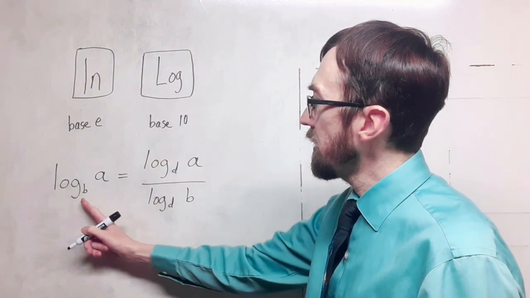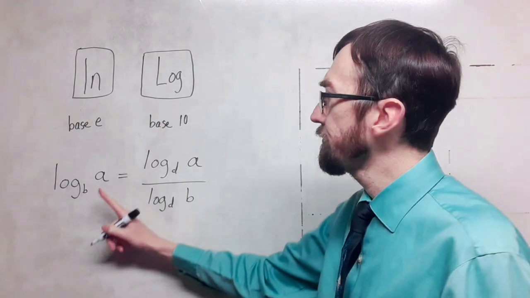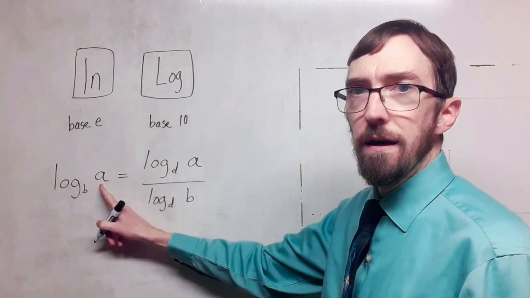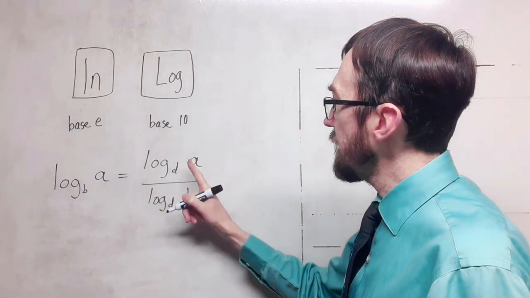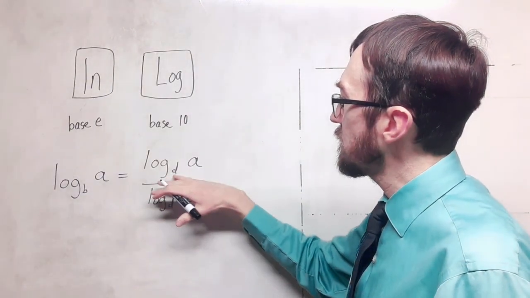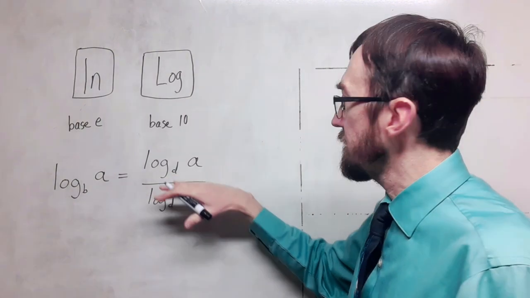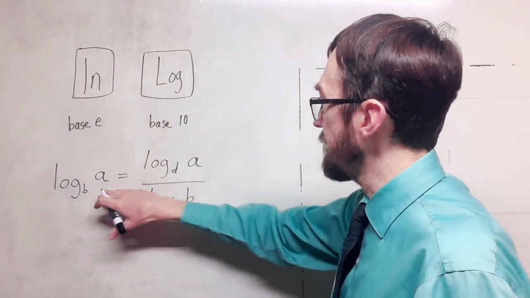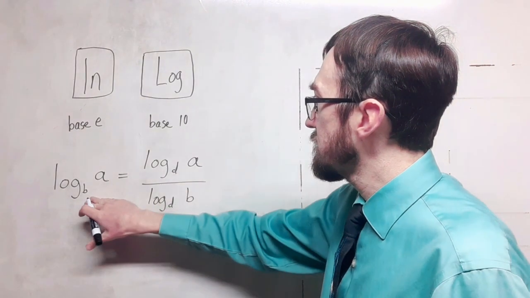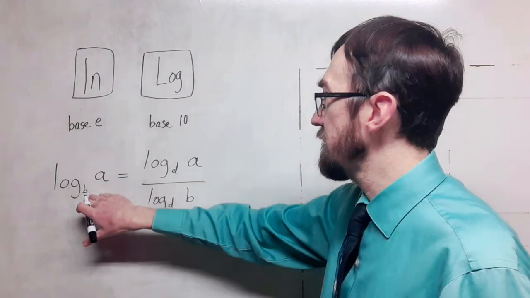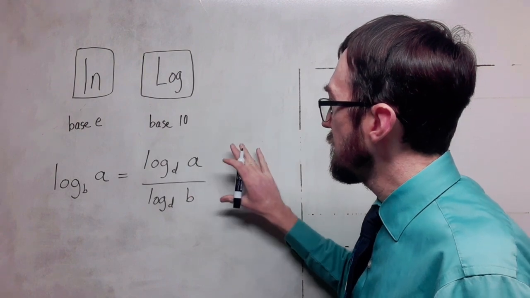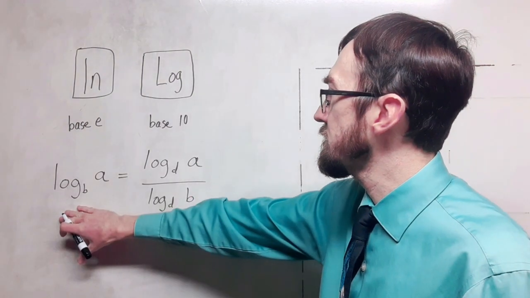If you start with log base, we'll say b, and you're operating on some number a, you can create a fraction or a ratio that shows log to your new base, we're calling it d here, of the number you were operating on, and then the log of the same new base, d, to the base of the original base that you started with, and this will give you the same valuation as this one.